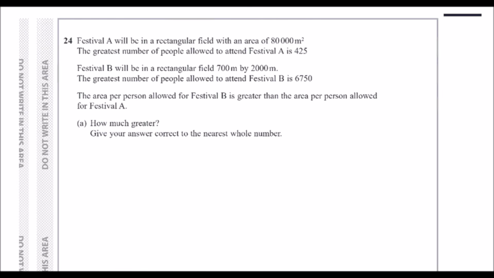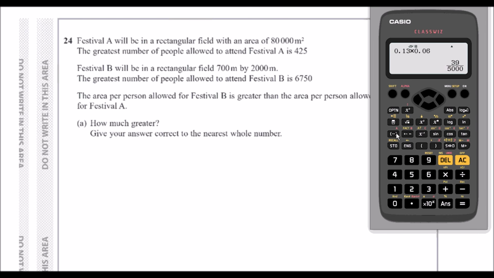Question 24. Festival A will be in a rectangular field with an area of 80,000 meters squared. The greatest number of people allowed is 425. Festival B will be in a rectangular field 700 meters by 2,000 meters.